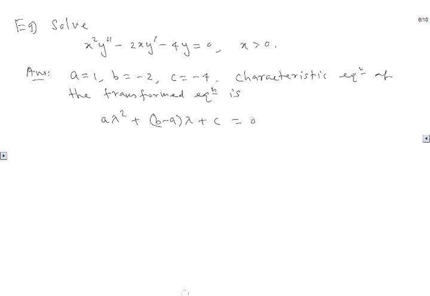So we're going to plug in. B minus a becomes -3, so it's lambda squared minus 3 lambda minus 4 equals 0. We're going to factor. This is very easy to factor. The factors are lambda minus 4 and lambda plus 1. So this gives lambda equal -1 and 4. We normally write the smaller one first. Those are the two solutions. They are real distinct.